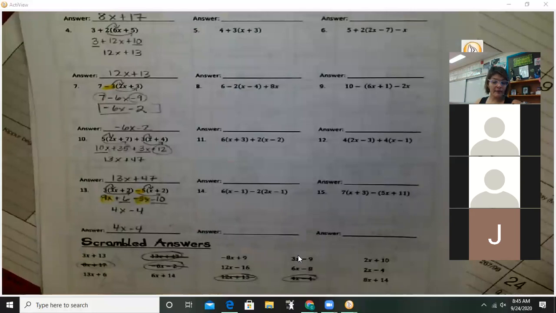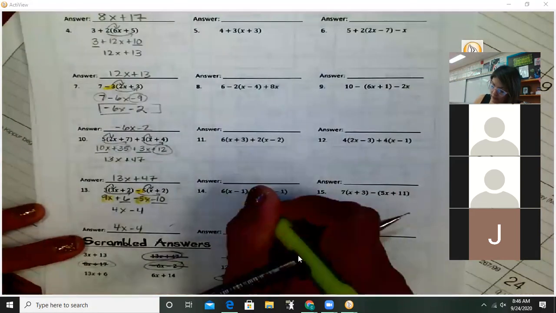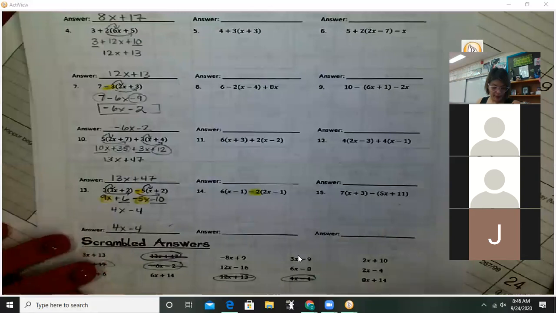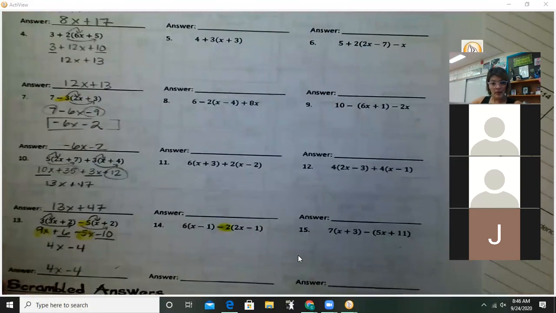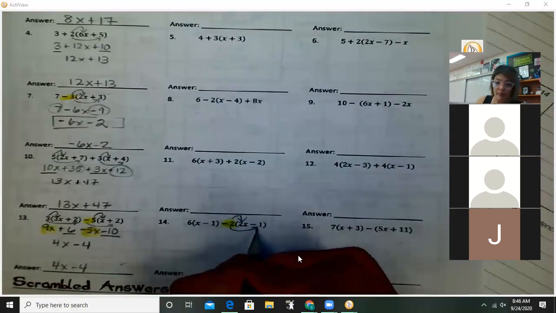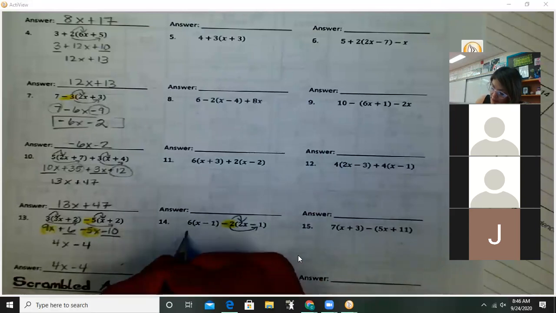And I had to remind you, whenever we have something on the outside here, we always take the negative and we multiply it. So here, we're gonna multiply, we're gonna multiply. So I'll do this one first.